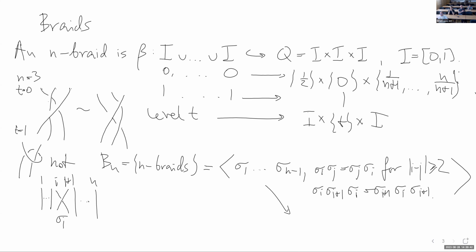That's right. So we get a homomorphism of this group onto the permutation group. B1 is just the trivial group, B2 is Z, you can have one crossing repeated many times. And for higher n, the groups are already non-commutative because they project onto non-commutative permutation groups.